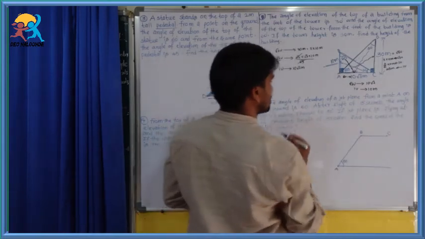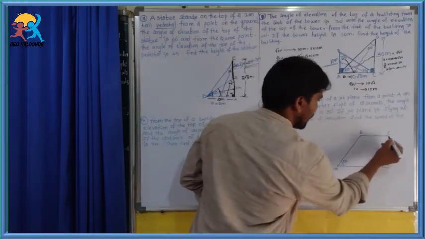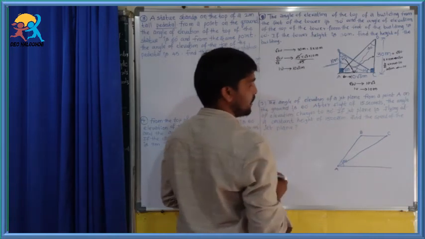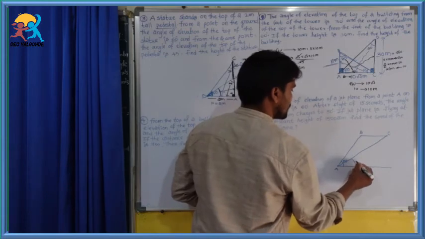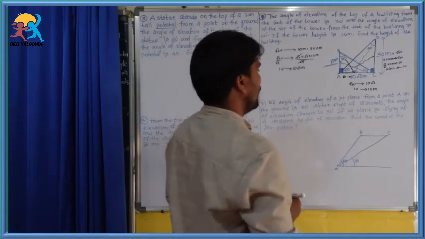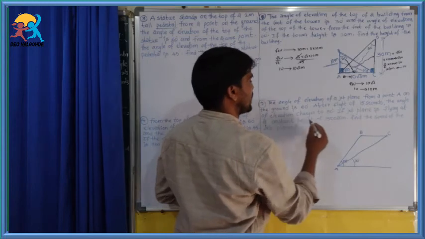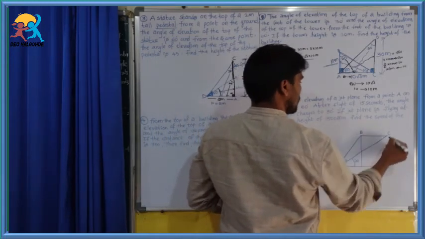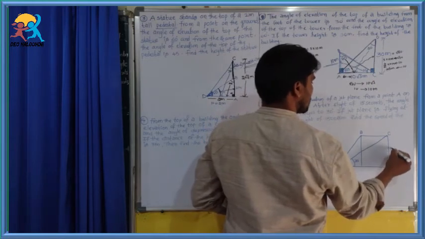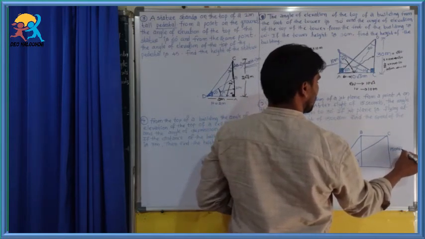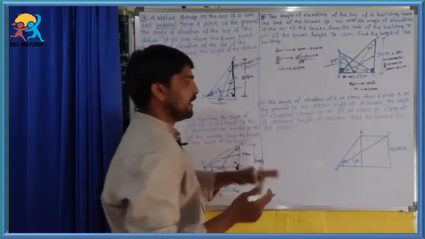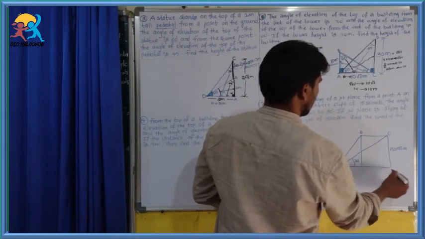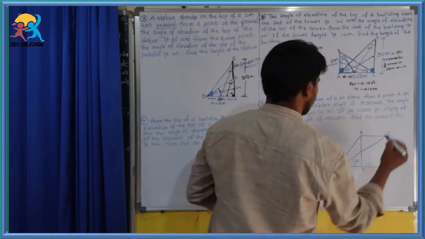The line of sight is AC, and the angle of elevation changes to 30 degrees. The jet plane is flying at a constant height of 1500 root 3 meters. So this is D, let us say E.